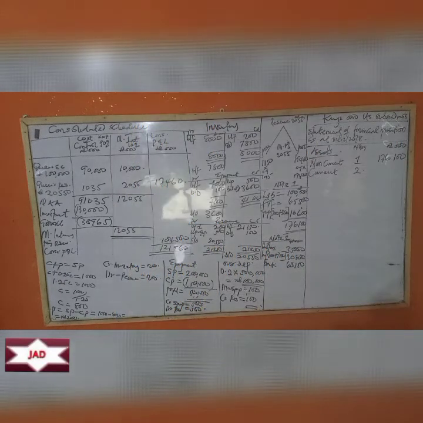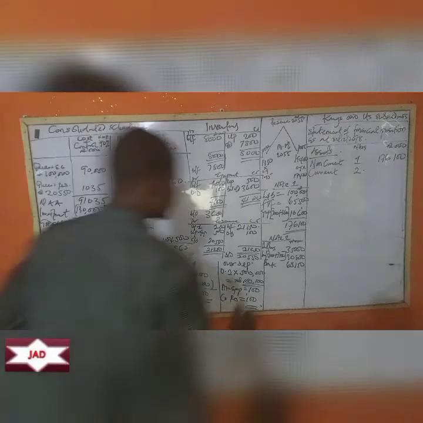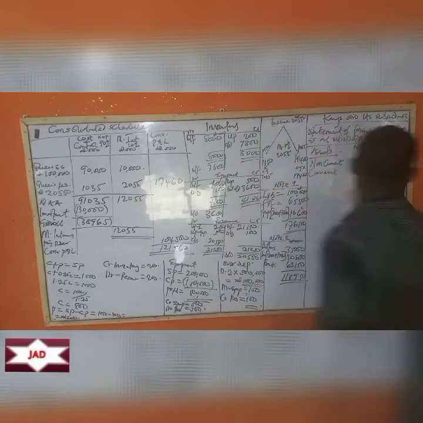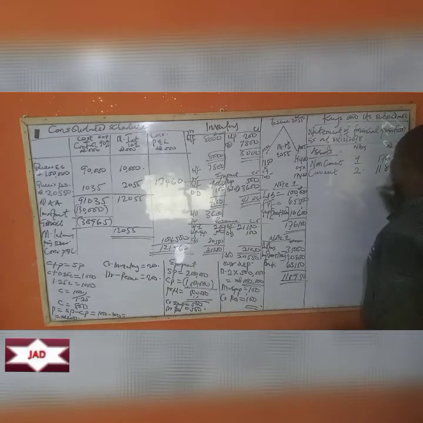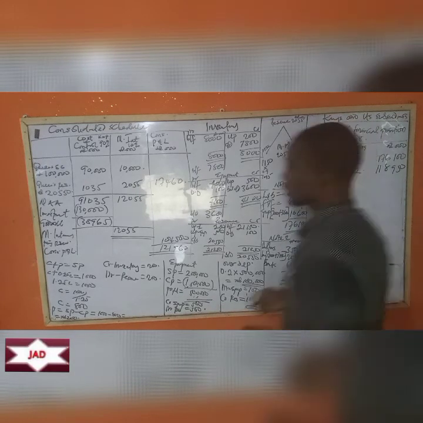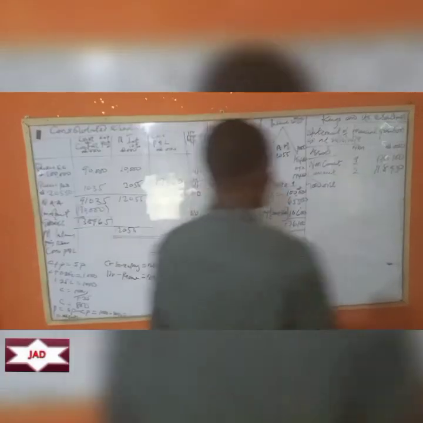We have 35,000 plus 20,800 plus 63,150. That's 118,950. If we add up, let's not forget our goodwill on consolidation, because that is 38,965.